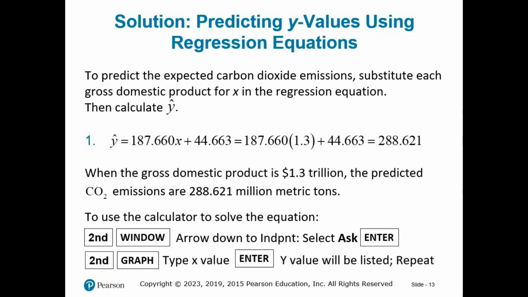This takes you to the table where you can enter an x value and the calculator will enter it into the regression equation you entered into the Y equals before. So when you get to the table, type in an x value and press Enter. It will give you a y value. Press Enter and repeat the process for the next 2 x values.